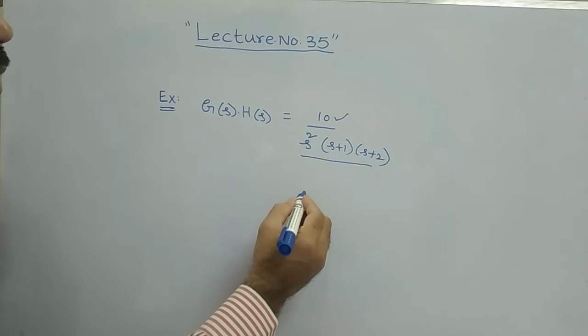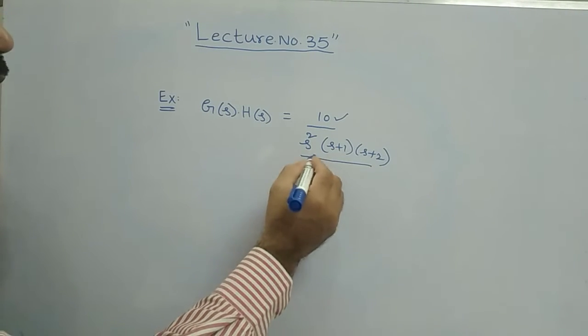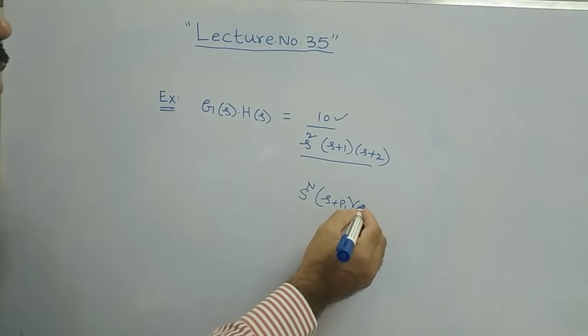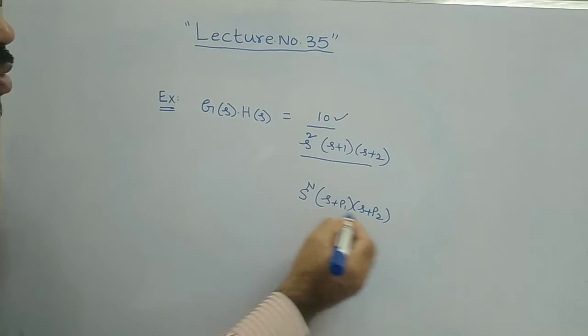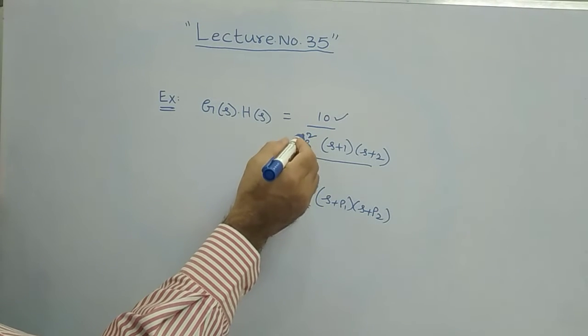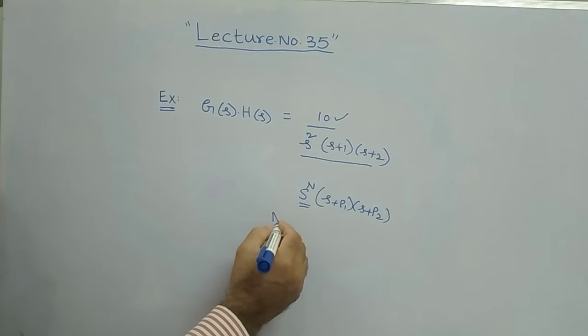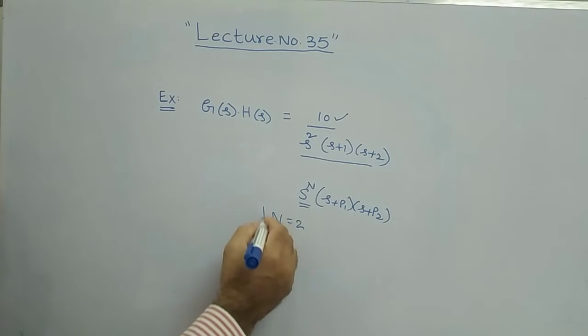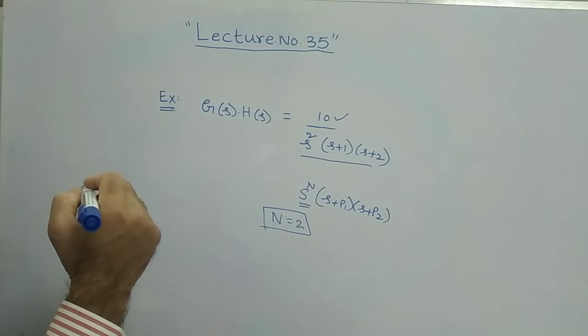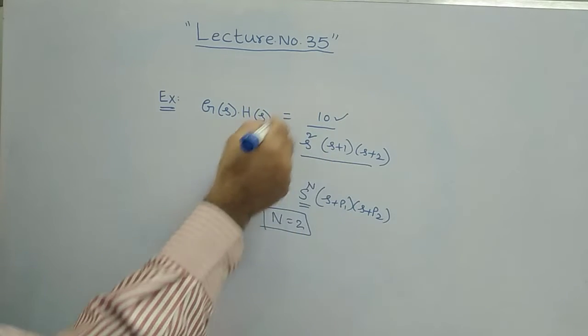It is in the form s power n into (s plus p1) and (s plus p2), is it not? So the s power n form is s square. Here your 2 is there, no? So your n is equal to 2, meaning this is a type 2 system.